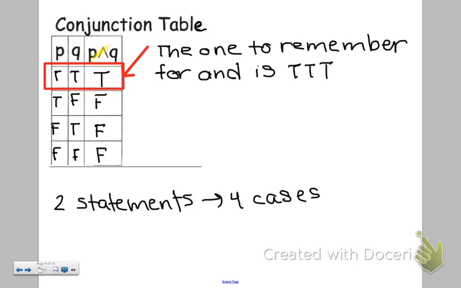Now, sometimes this might sound a little silly, but the way that I remember this is A, T, and T. There's an extra T there, but for whatever reason, it just sticks in my mind. A, T, and T. When I have and, A for and, it's true, true, and true.